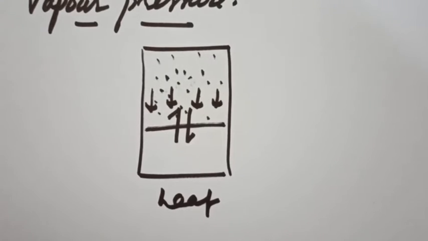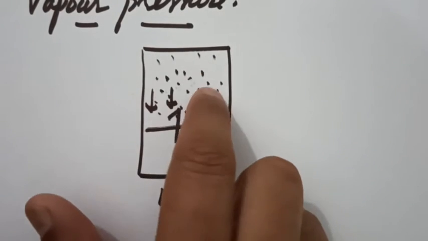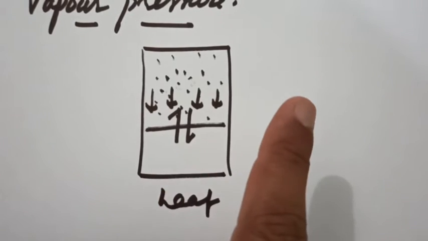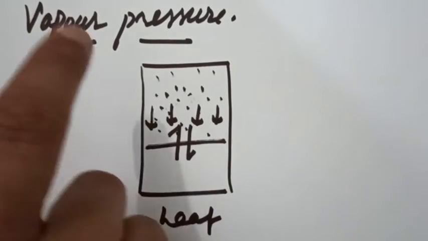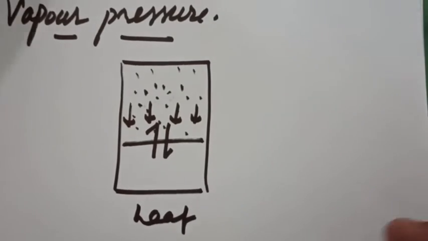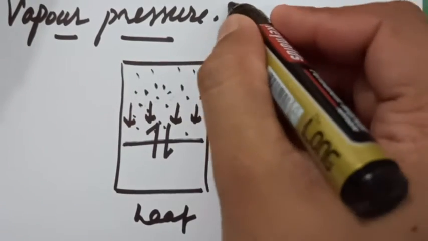So the pressure exerted by the vapors in equilibrium with the liquid at a given temperature is known as nothing but vapor pressure. So I am writing here the definition of vapor pressure.